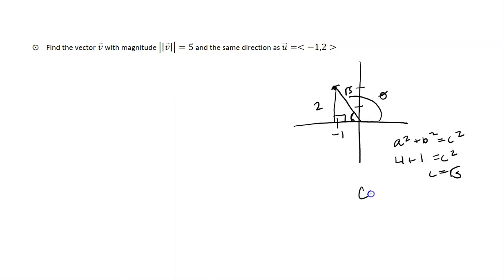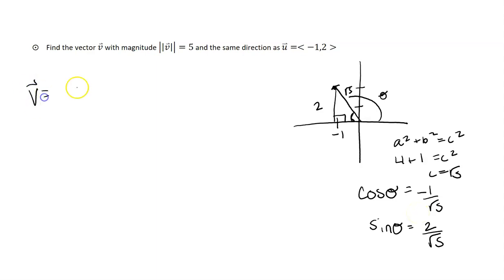So without knowing what the angle is, cosine of theta is the adjacent over the hypotenuse, so that's -1 over the square root of 5. Sine of theta is the opposite over the hypotenuse, so that's 2 over the square root of 5. And that takes care of the sines and cosines because it's in the second quadrant, which would have a negative cosine and a positive sine.